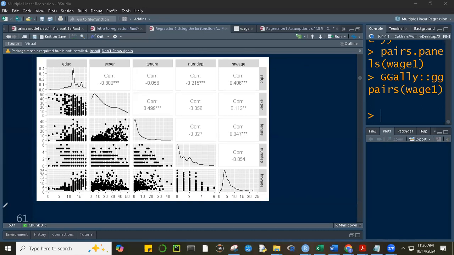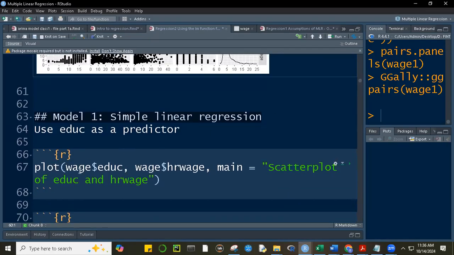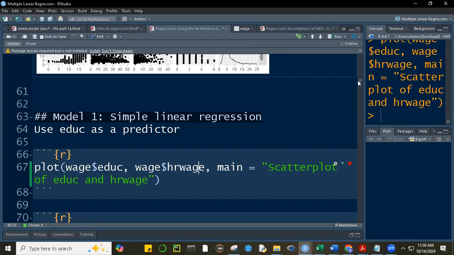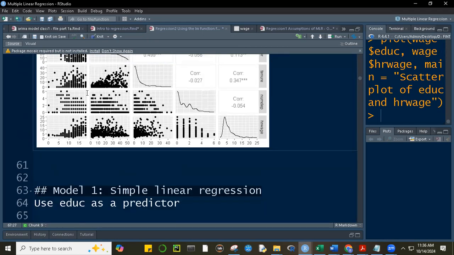So let's just replicate that plot by using the plot function. Okay, here class, plot wage education. This will be the x-axis, and wage hourly wage. We cannot directly say education and hourly wage because it will not be understood by R. Okay, so if I run this class, you'll have that plot there, which is just a replication of this one, diba?